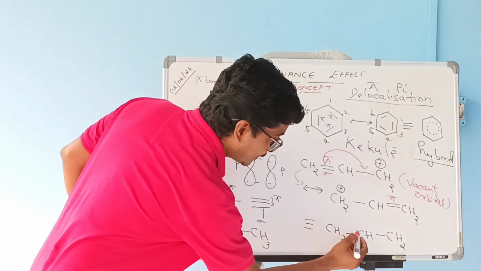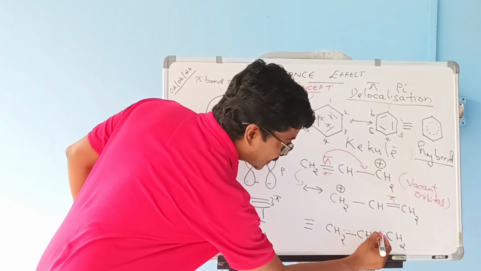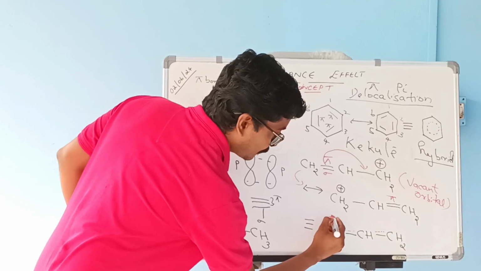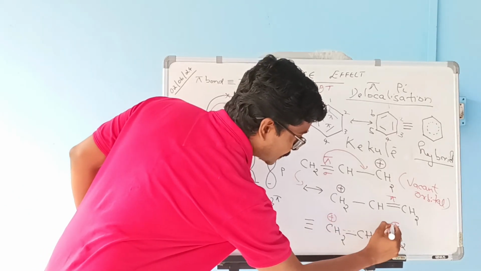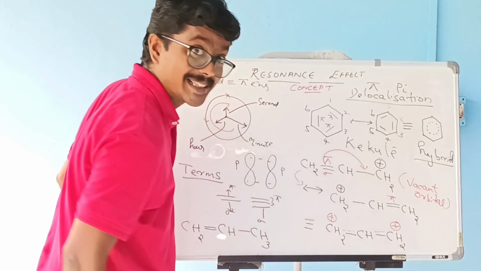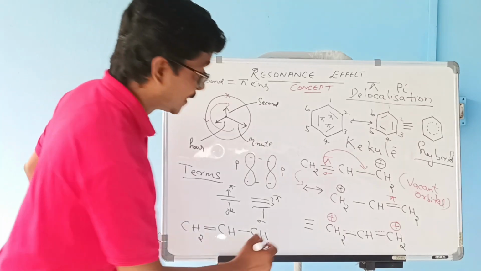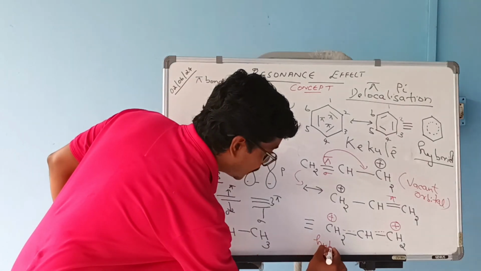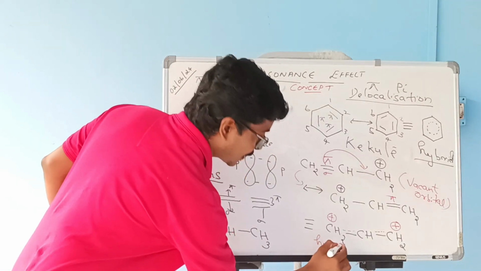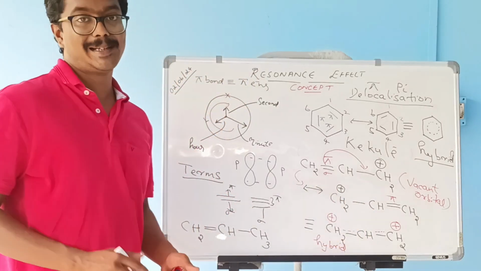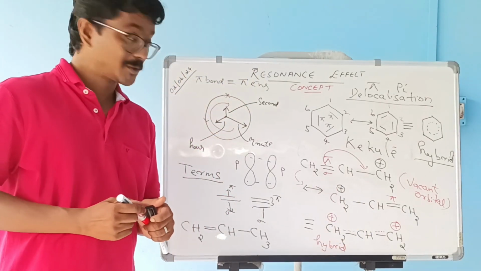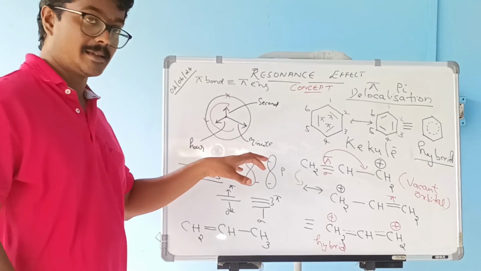And this, with partial plus charges, is the hybrid structure of the allyl carbocation. Okay, so you understand the concept, right?